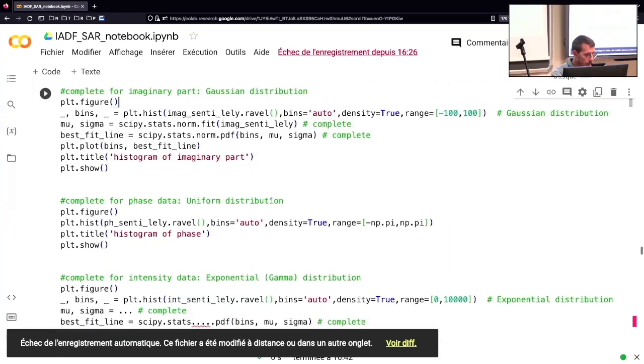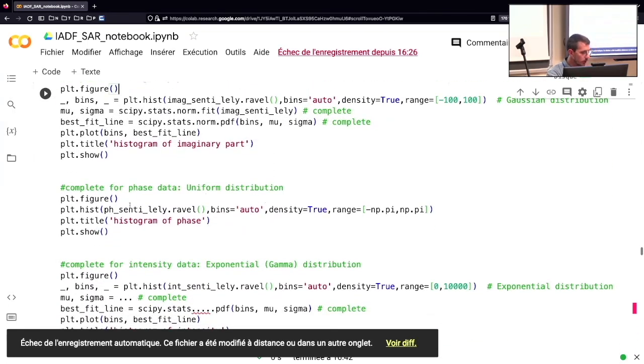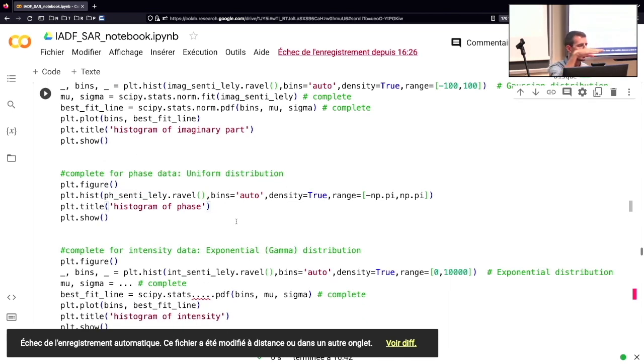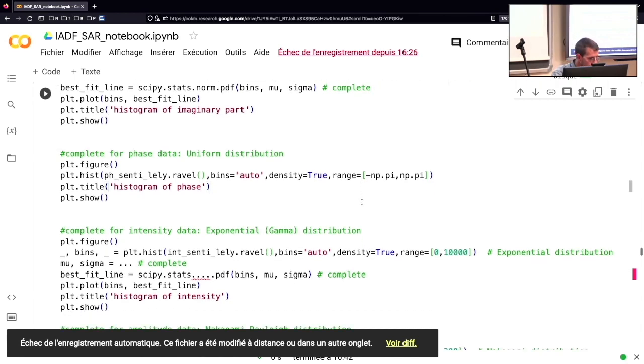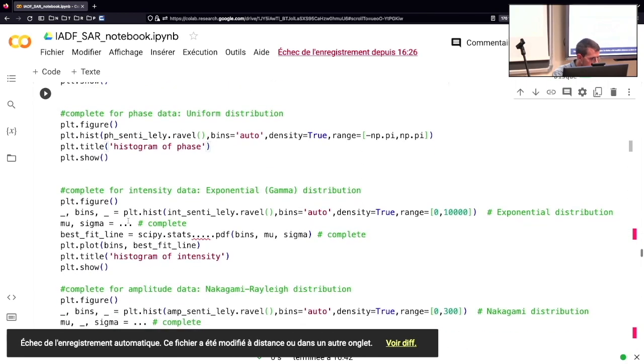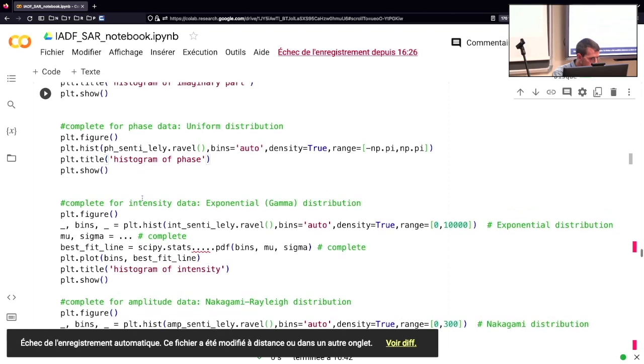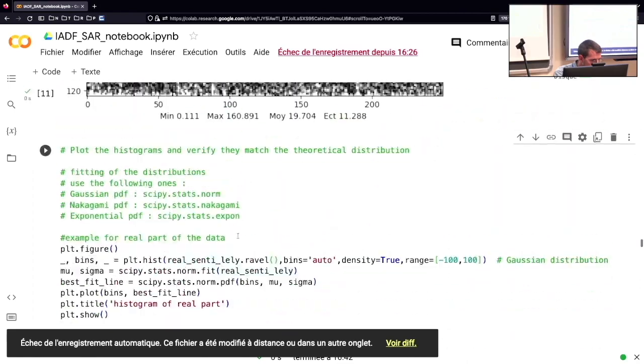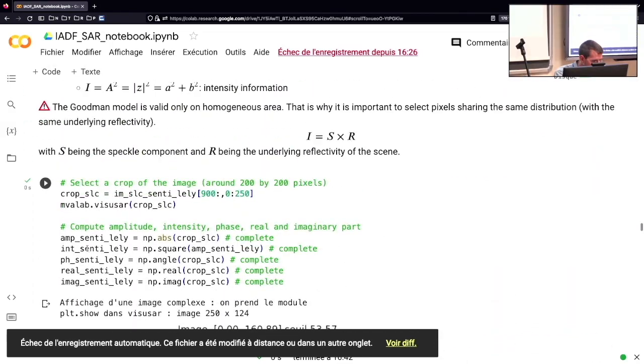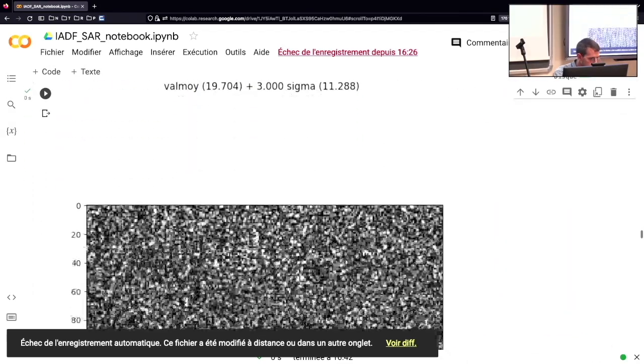Then I'll move to the phase. It's a uniform distribution, so we could fit a horizontal line, but I haven't done it here. And then here we will look at the intensity. So it was defined as this one.